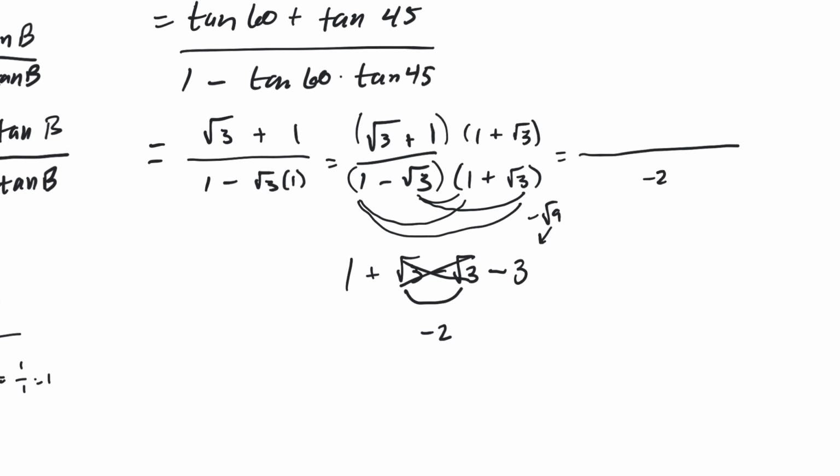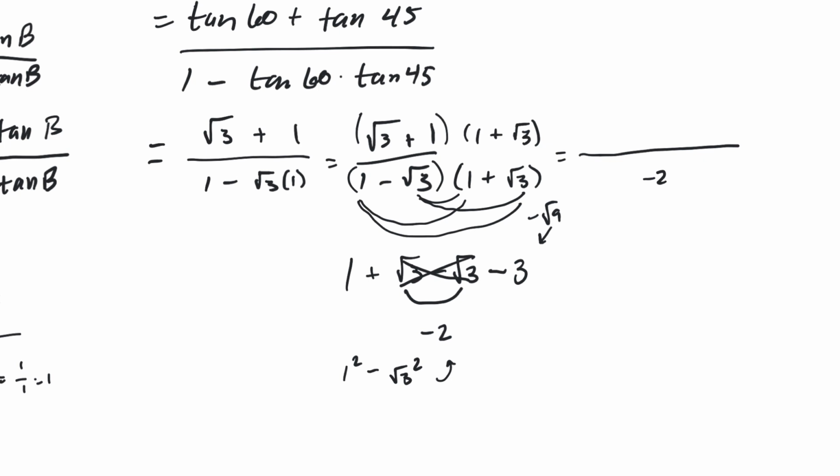This is the difference of squares. I knew it was going to be the first value squared minus the second value squared. I have to make sure I don't make any careless mistakes. So 1 minus 3 gives me negative 2.